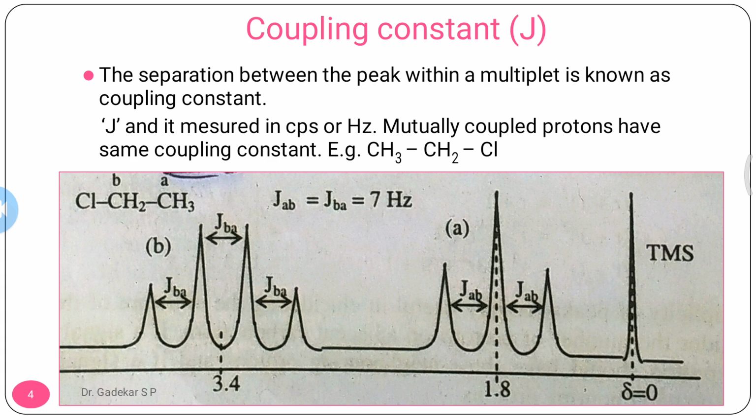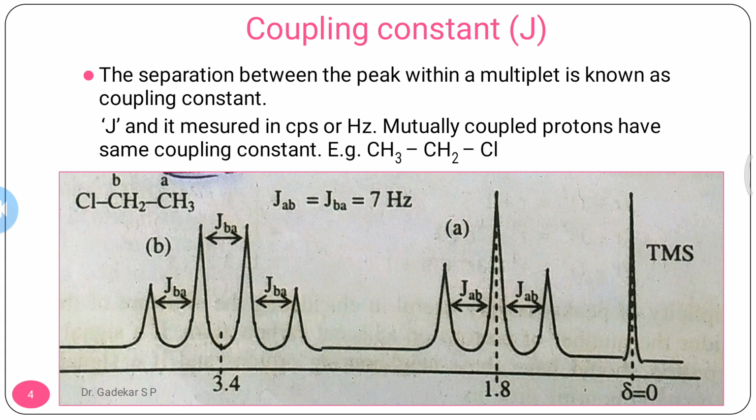Example, CH3CH2. The CH2 couples with CH3 and splits into a quartet because of the n plus 1 rule. CH2 has 3 neighboring protons, 3 plus 1 is 4, so it splits into a quartet.